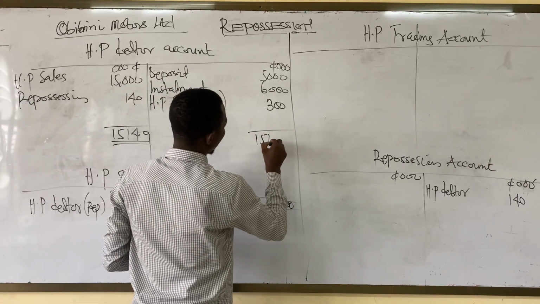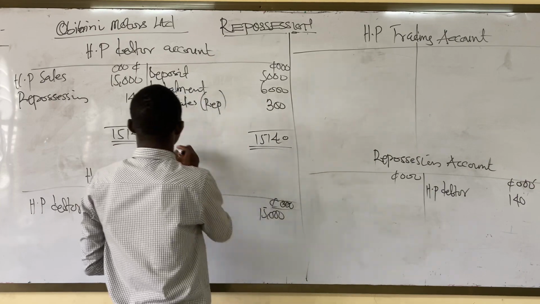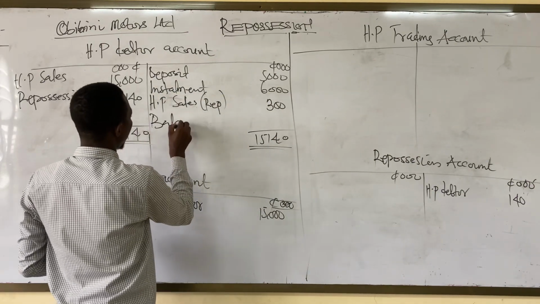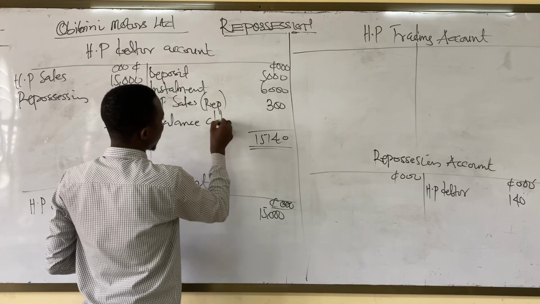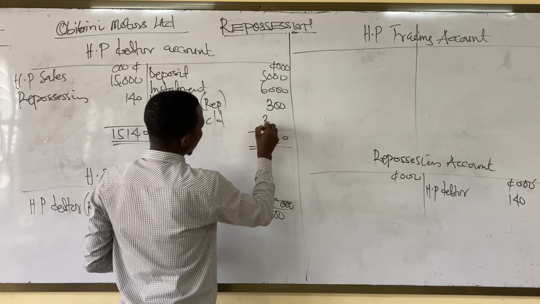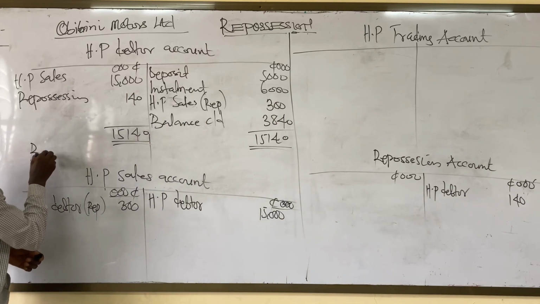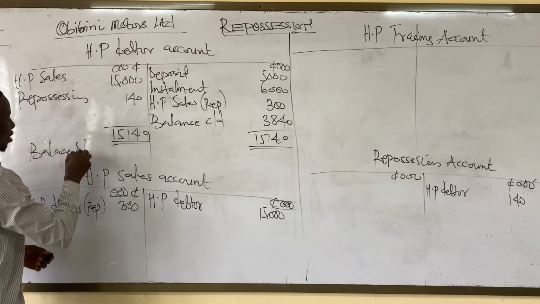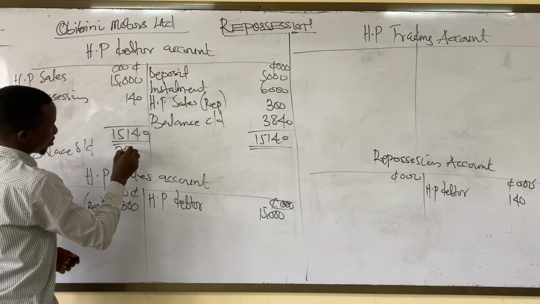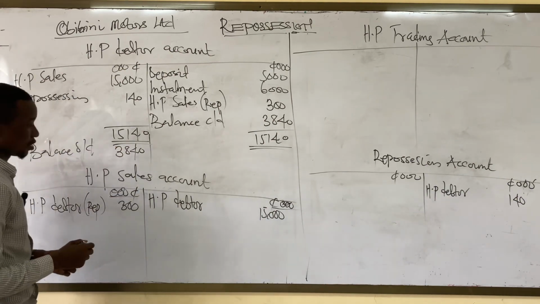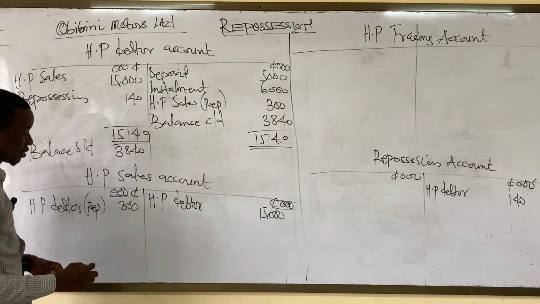So 15,140. So the balance CD becomes 3,840. So the balance brought down becomes 3,840. We can equally balance off this account.